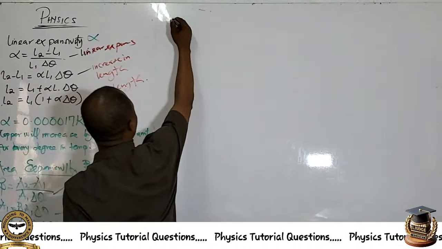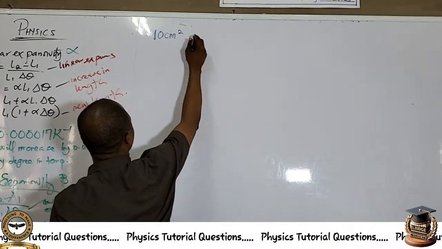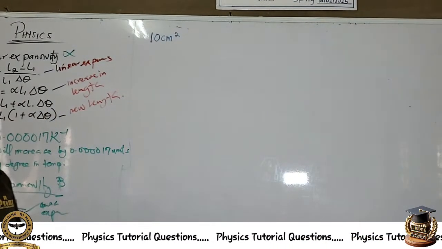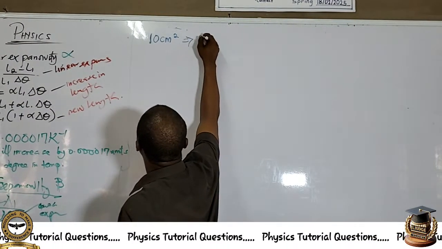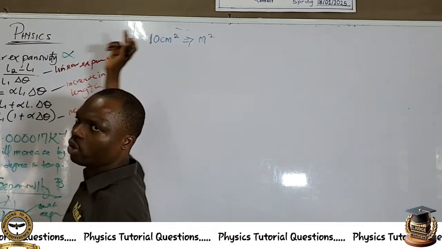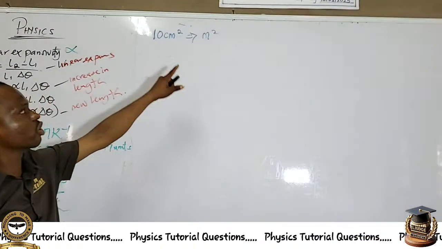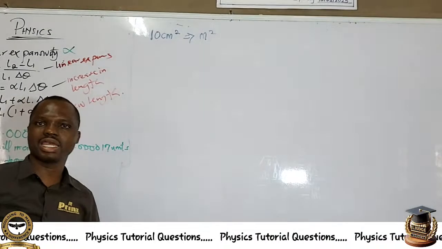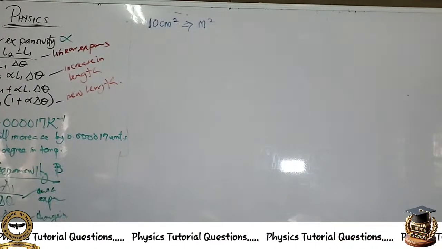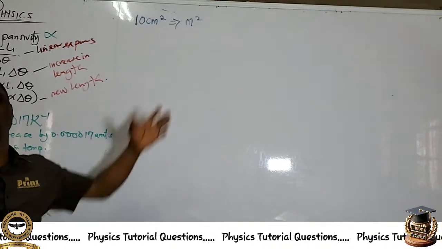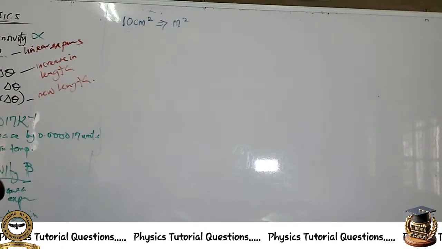If you are told to convert 10 centimeters squared to meters squared, this is the area in centimeters squared, and you want to convert it to area in meters squared. Of course, you know that in physics, most times the SI unit of length is always the meter. So we have to change it to meters squared.